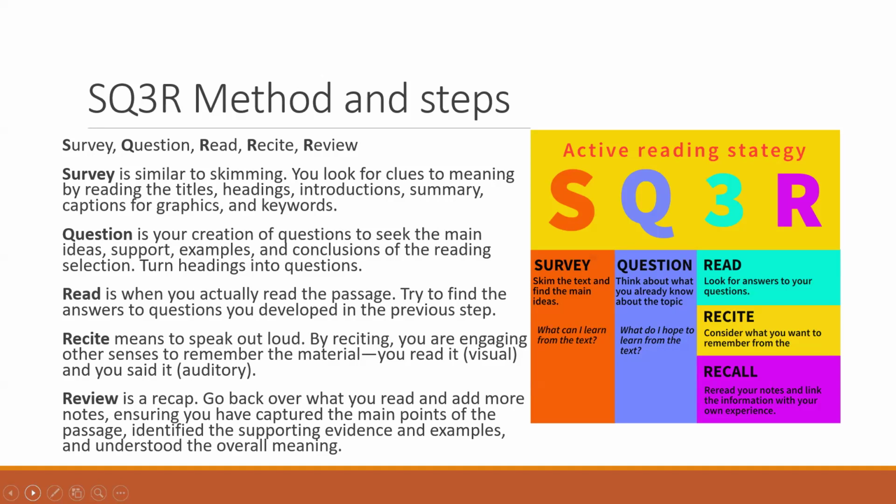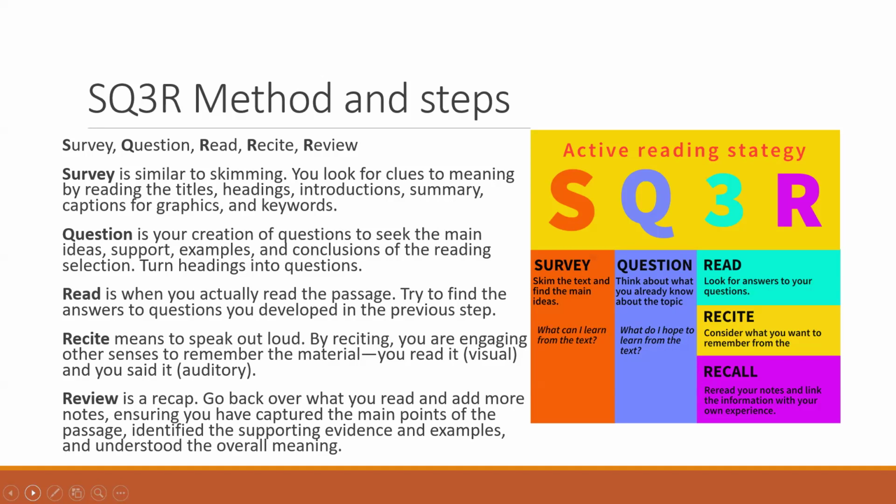It's similar to skimming, where you're looking over the information for clues and meaning by reading the titles, headlines, introduction, summary, captions for graphics and keywords. So that's skimming. So you're looking over it just to get the main idea of the content. And then question is your creation of questions to seek the main idea, support examples, and conclusions of the reading selection, turn headings into questions.